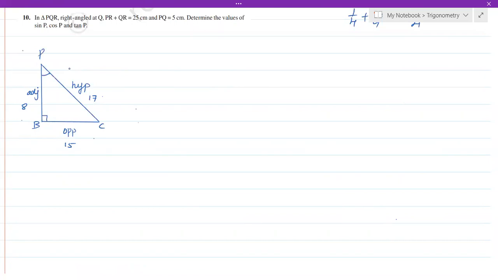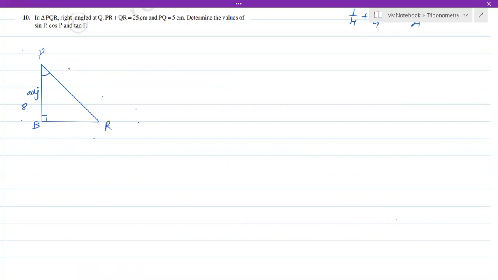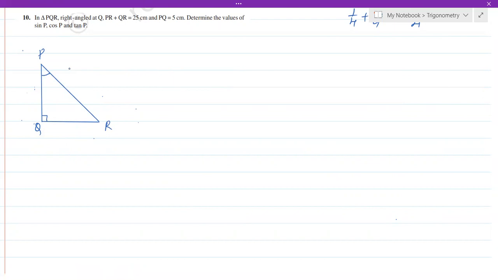So this will become P. Right angle at Q. So this will become R. And this will become Q. Anyhow, we have to find sin P, cos P, tan P. So therefore the angle is at P itself. So this becomes the opposite side, and this is our hypotenuse, and this is our adjacent.